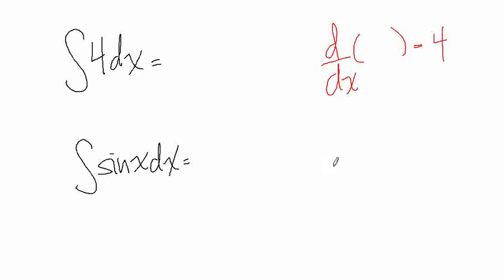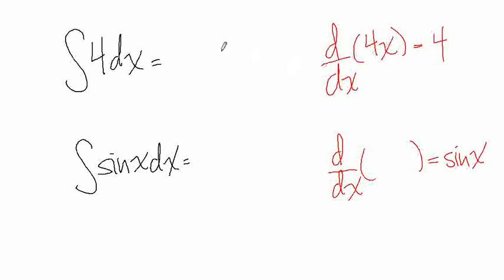For the second example, the game we have to play is ask ourselves the derivative of what function is equal to the sine of x. And for both of these, the derivative with respect to the variable x. So for the number 4, I hope you saw that 4x fits the bill. Okay, so the answer is 4x, and then again we have to add that c.